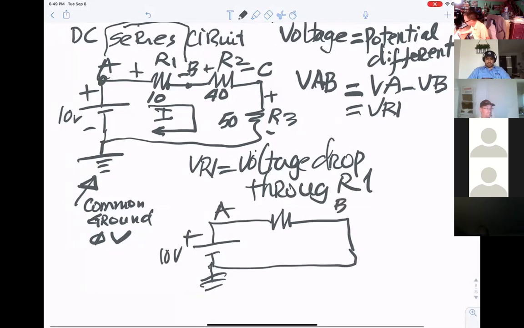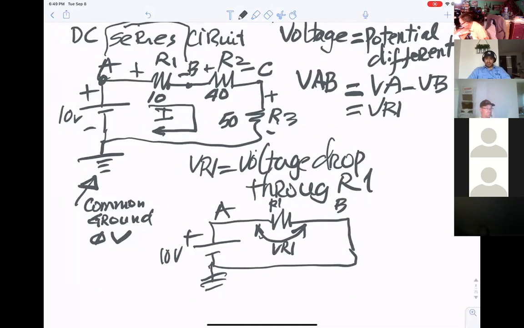So VR1 means the voltage drop here, from A to B. If you have 10 volts here, when you measure the voltage at B, you are supposed to get a voltage less than 10.